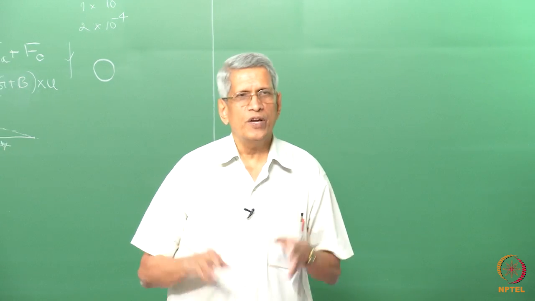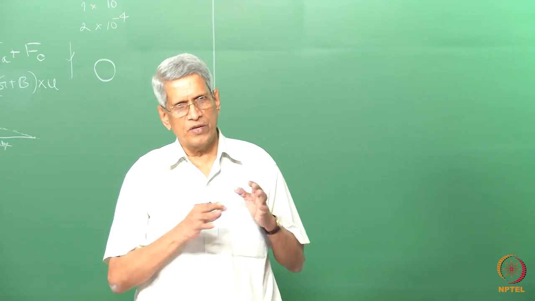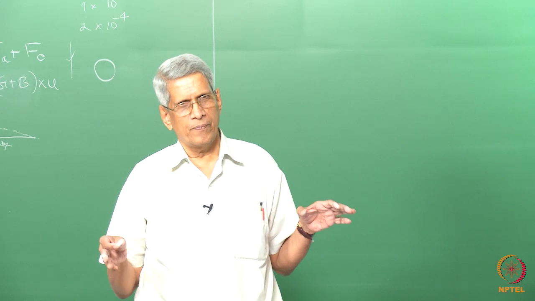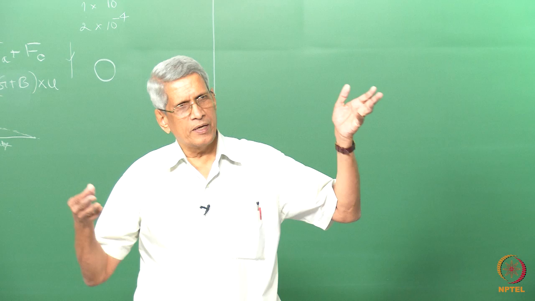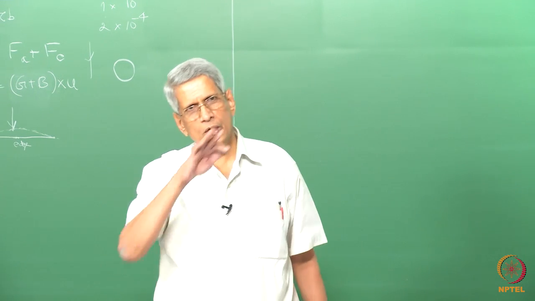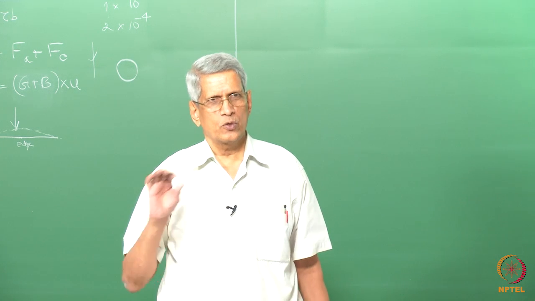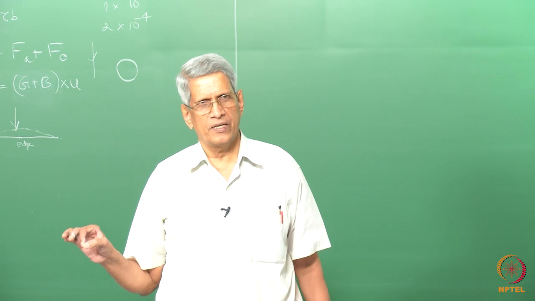The best experiment one can do to verify this is, you take a sample, which maybe is a deformed sample, take it to high temperature, anneal it, and cool it slowly, so that at every instant we are allowing the vacancy concentration to equilibrate.